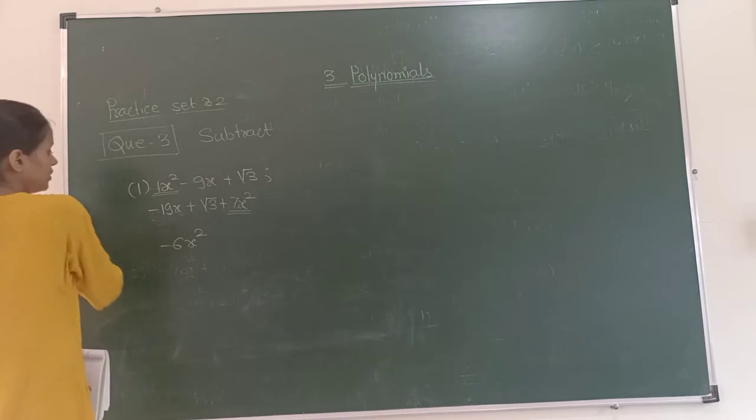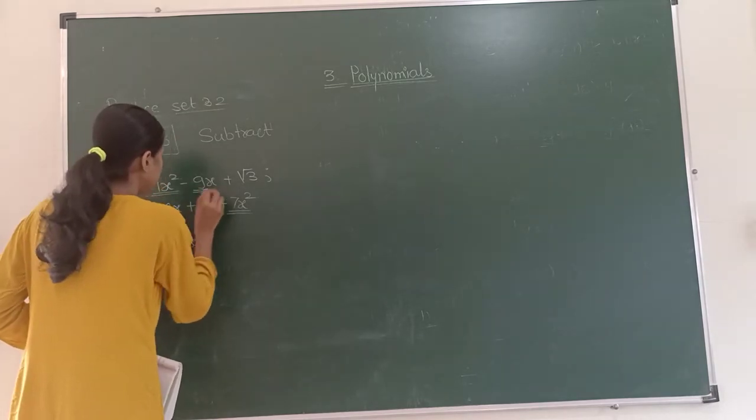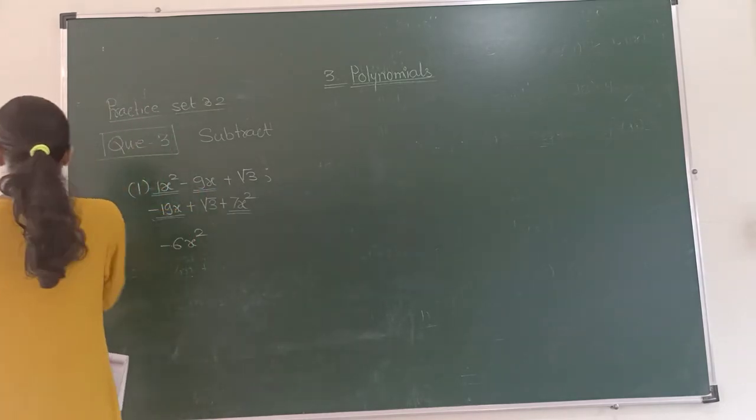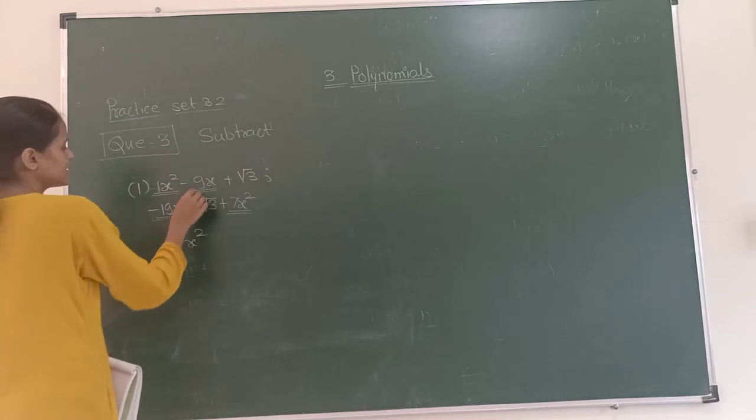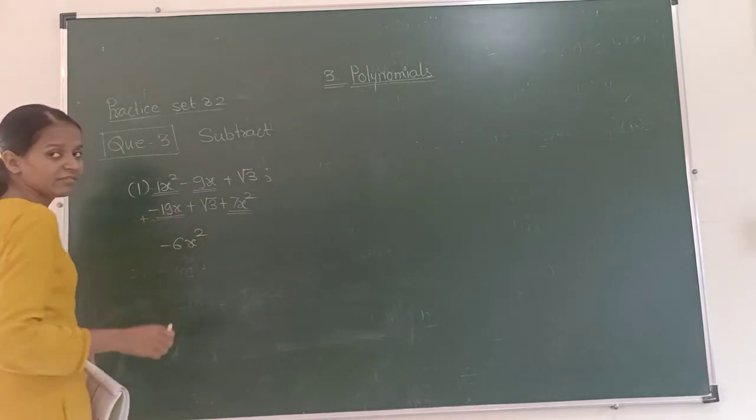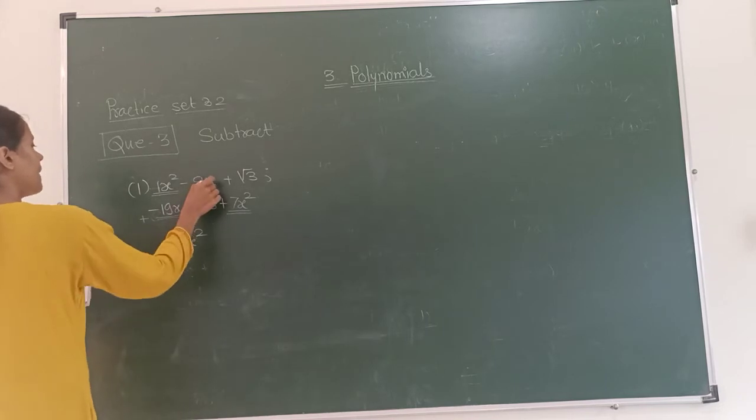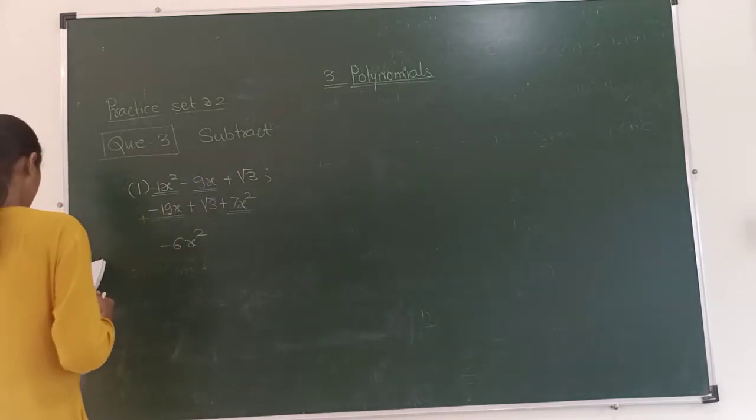Now the next similar term is of x. Now minus 9x and minus 19x. The sign will change, it will become plus, as we are subtracting it. Minus 9x plus 19x.